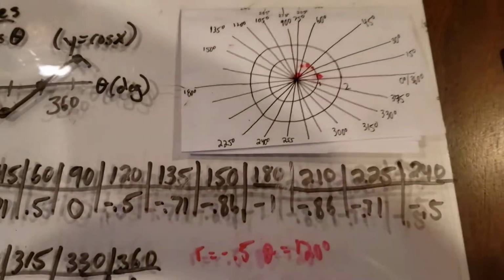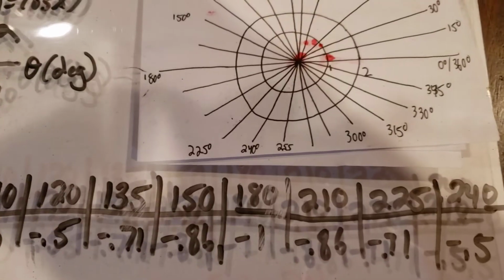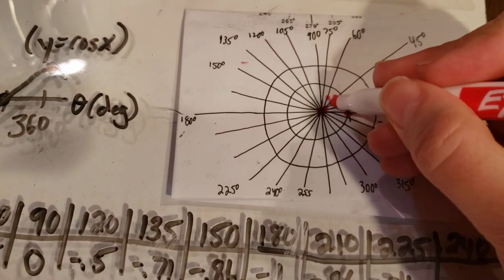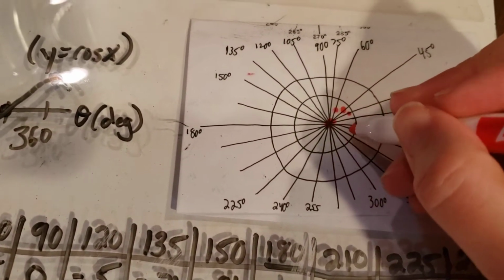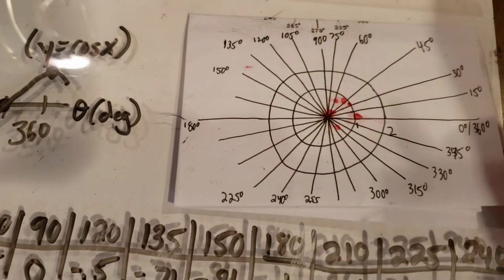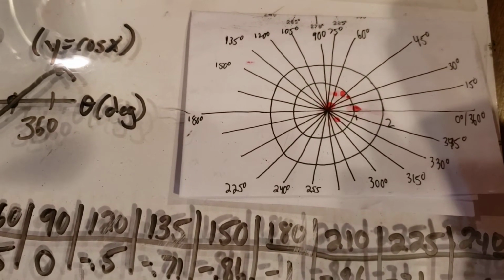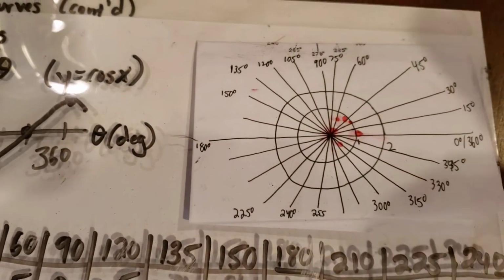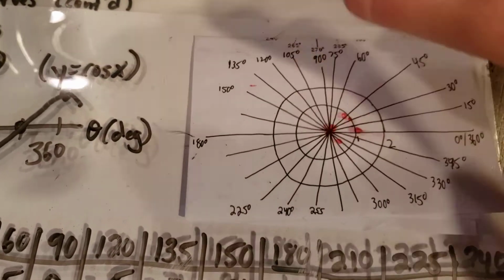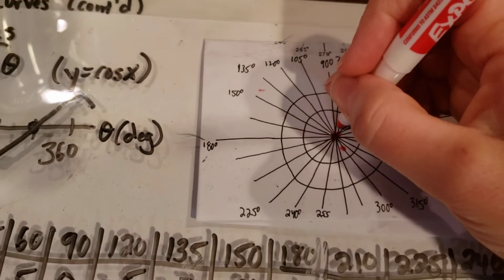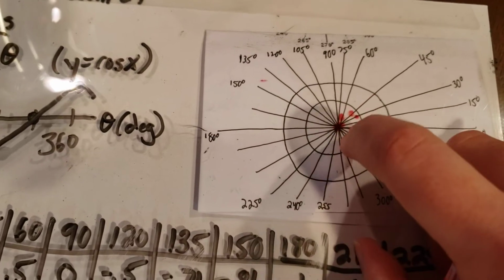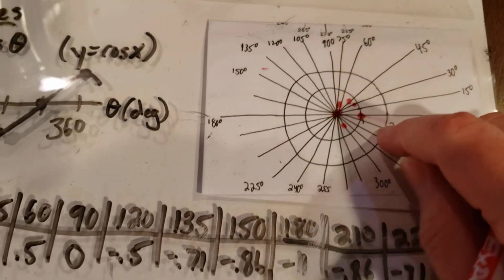So 0.5 r, 300 degrees, that's going to put us right there. Oh, I see why it might not be such a semicircle: that point needs to be more here. 0.5. Okay, notice these are the same distance away.